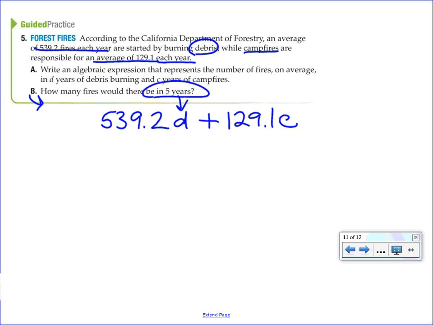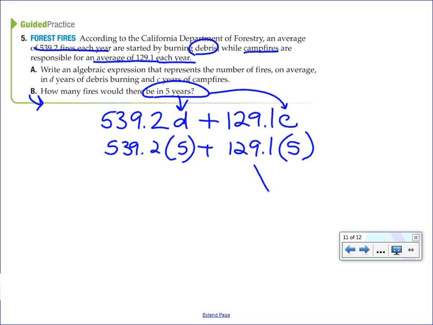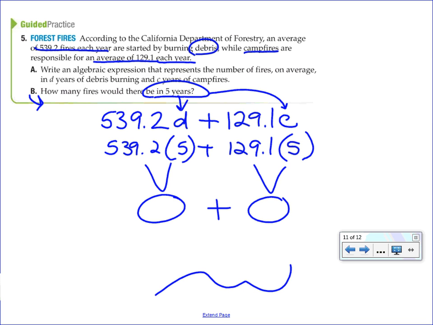So we'll substitute a 5 into both of those places. 539.2 times 5 years plus 129.1 average campfires times 5 years. Do this calculation, you do this calculation, and you get some answer, right? And you'd add those two together, and you find out how many fires there are on average in 5 years.